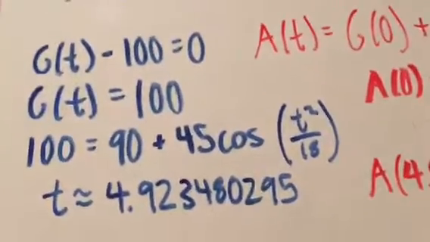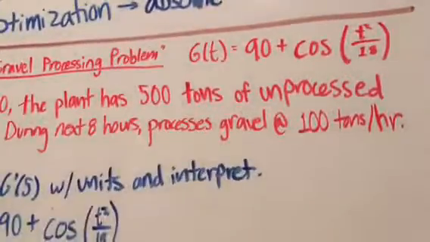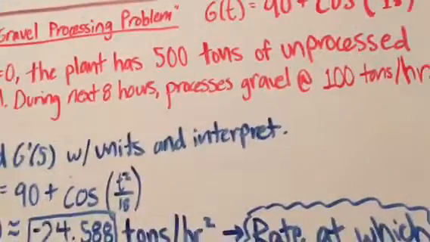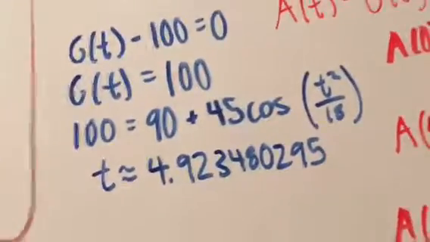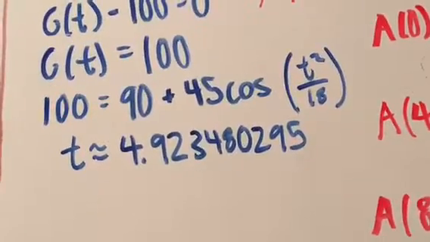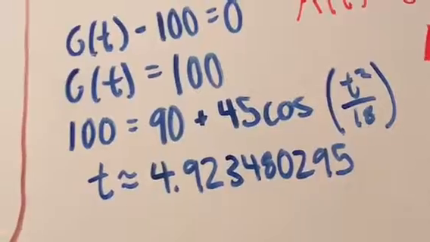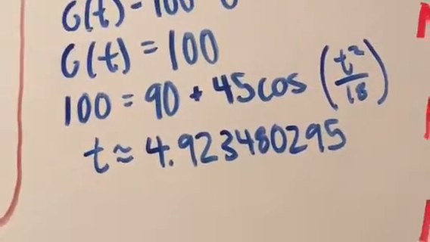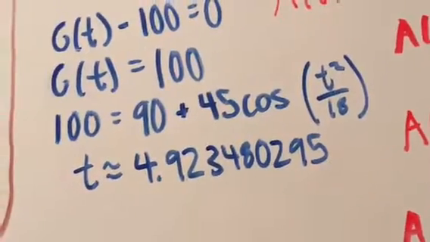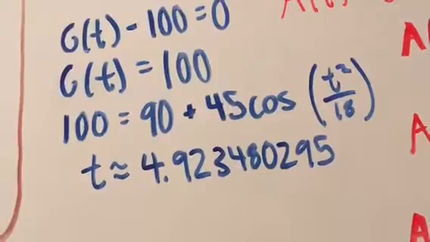Because the question tells us that the plant processes gravel at 100 tons per hour, if we just do some simple algebra right here, we can quickly figure out that t equals about 4.92 hours. And then this is going to be a good number to store in the calculator for later use so that the potential answers can be as precise as possible.